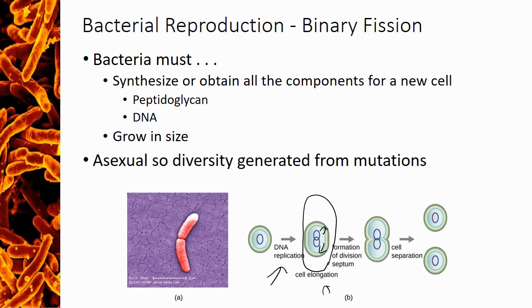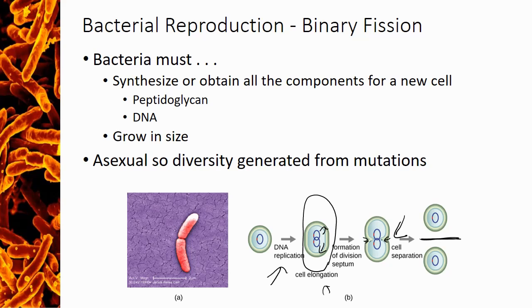The elongated cell is then cleaved by the formation of a division septum. This consists of specific bacterial proteins that invaginate the cell membrane and the cell wall and eventually pull together until they fully separate the two cells.